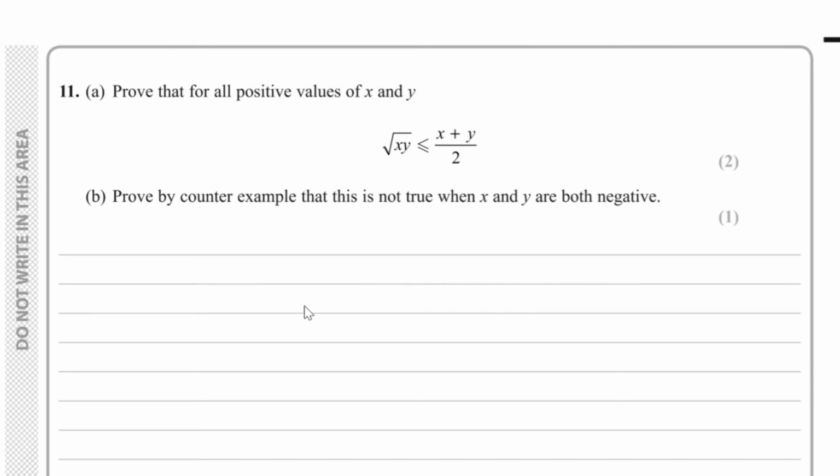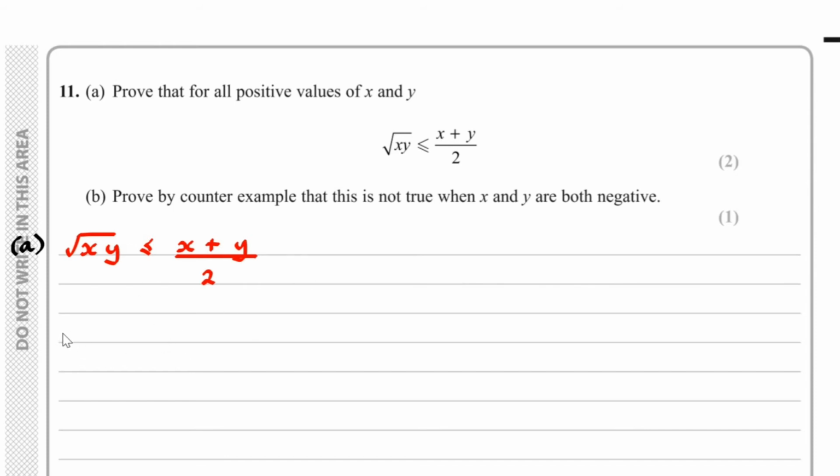Question number 11, for part A, we have to prove that for all positive values of x and y, the square root of xy is less than or equal to x plus y over 2. Now this is difficult to understand, but the idea here is we will work backwards and then we'd have some place to start off. So if I start off with the square root of xy being less than or equal to x plus y over 2, let's rearrange.